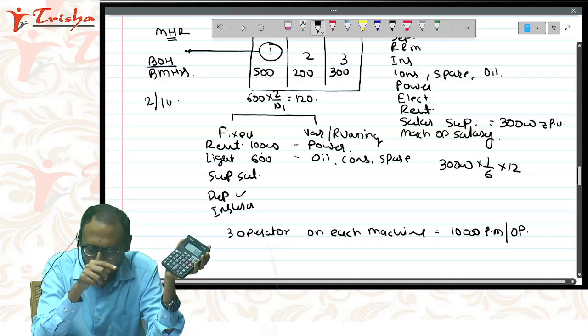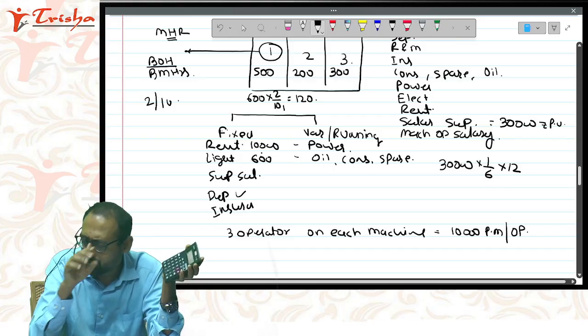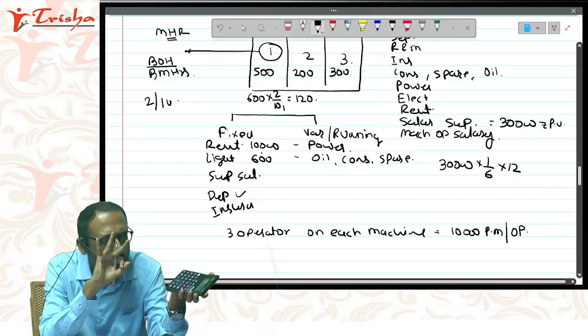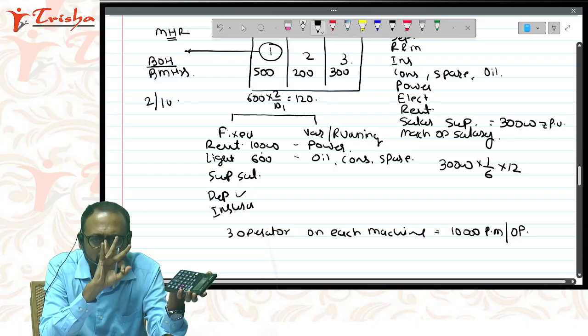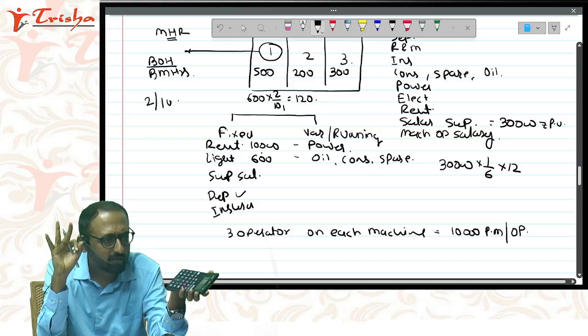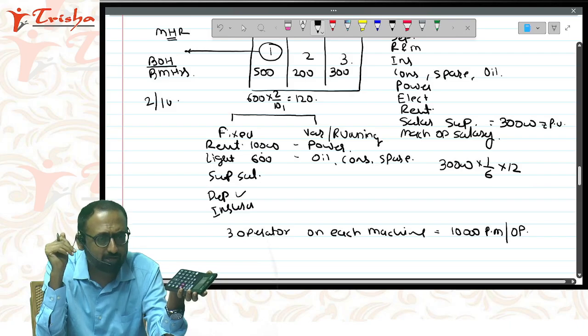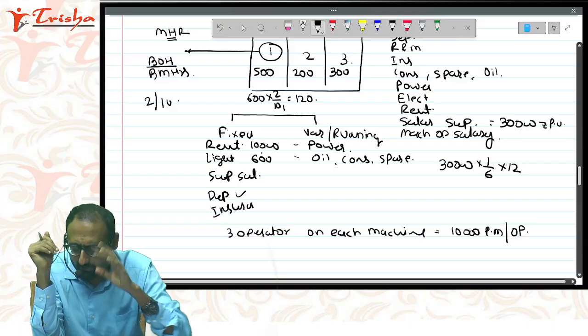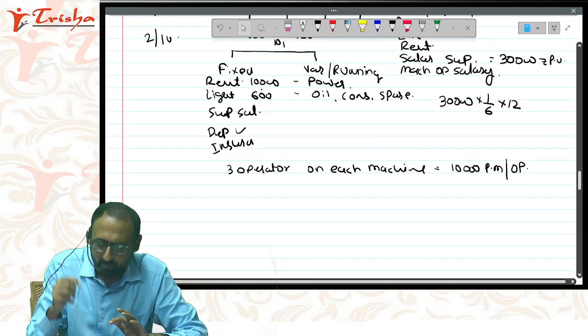Yes or no? If you have not understood this, I'll give one simple. One machine, how many operators? Did I give a wrong answer? Three operators on each machine. Yes sir, I have given the correct answer.